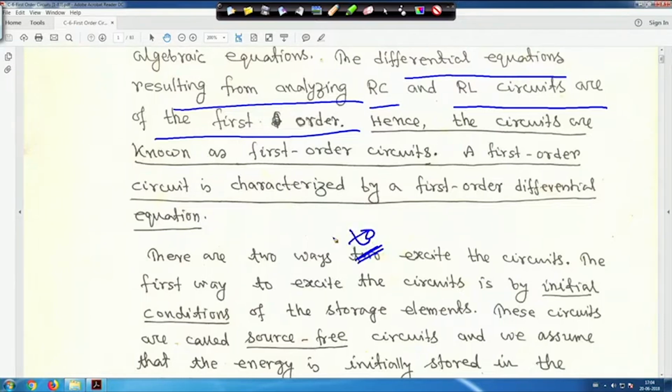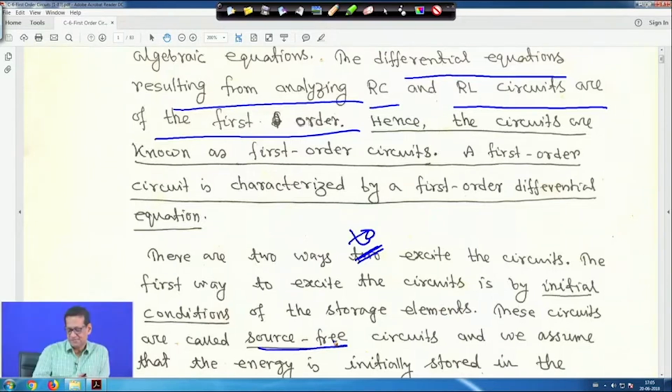There are 2 ways to excite the circuit. The first way is by the initial condition of the storage element, that will be a source free circuit. The circuit is excited by the initial conditions of the storage elements, and these circuits are called source free circuits, right.